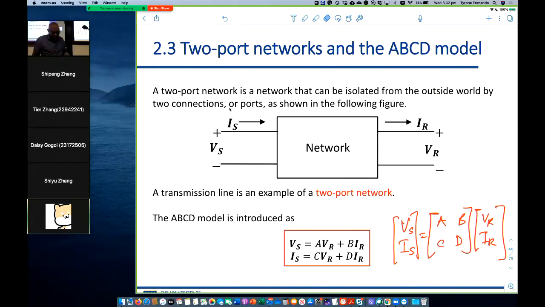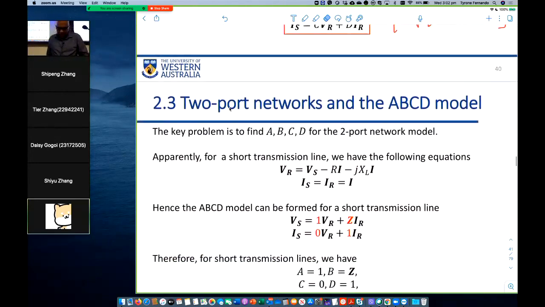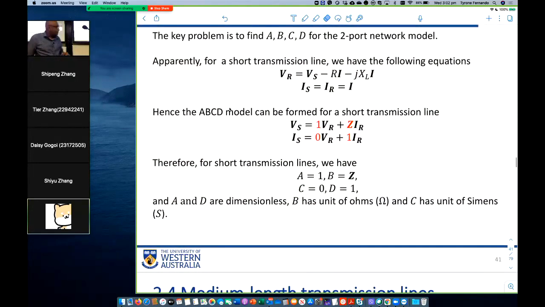Now for a short length transmission line, he may have derived the values of A, B, C, D: A is 1, B is Z, C is 0, and D is 1. And what is Z? Z is the series impedance of the line, which is the resistance of the line and the reactance of the line, R plus jX, right?